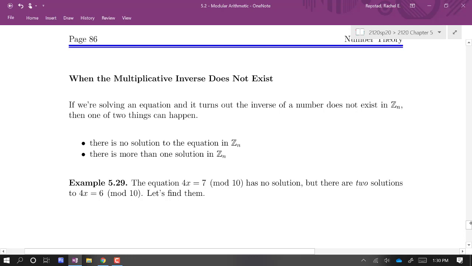So the equation 4x equals 7 mod 10 has no solution. And we'll just note that 4 and 10 are not relatively prime. The greatest common divisor of 4 and 10 is 2, which is not 1. So that means that 4 inverse does not exist in Z10.